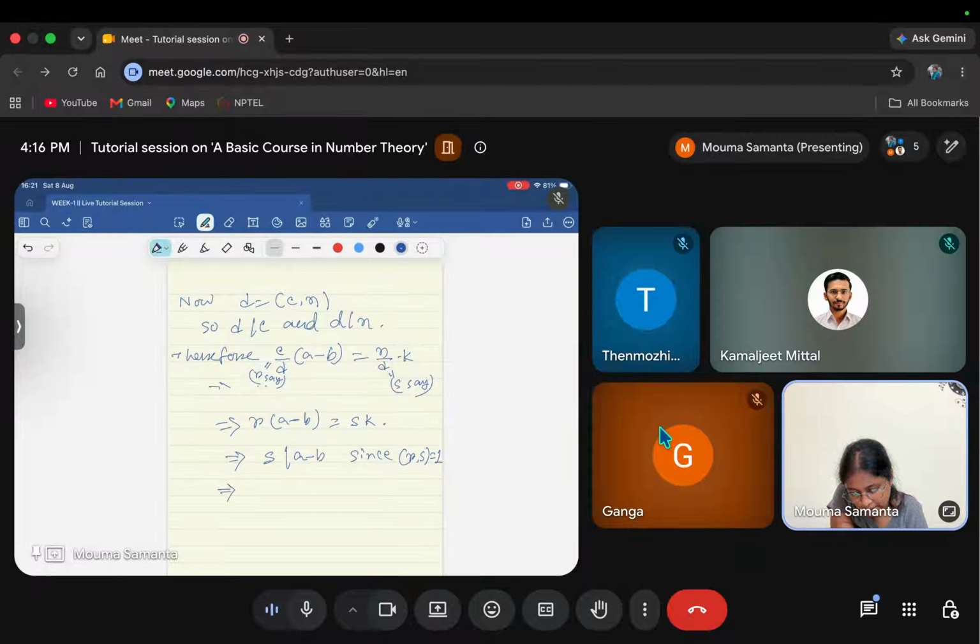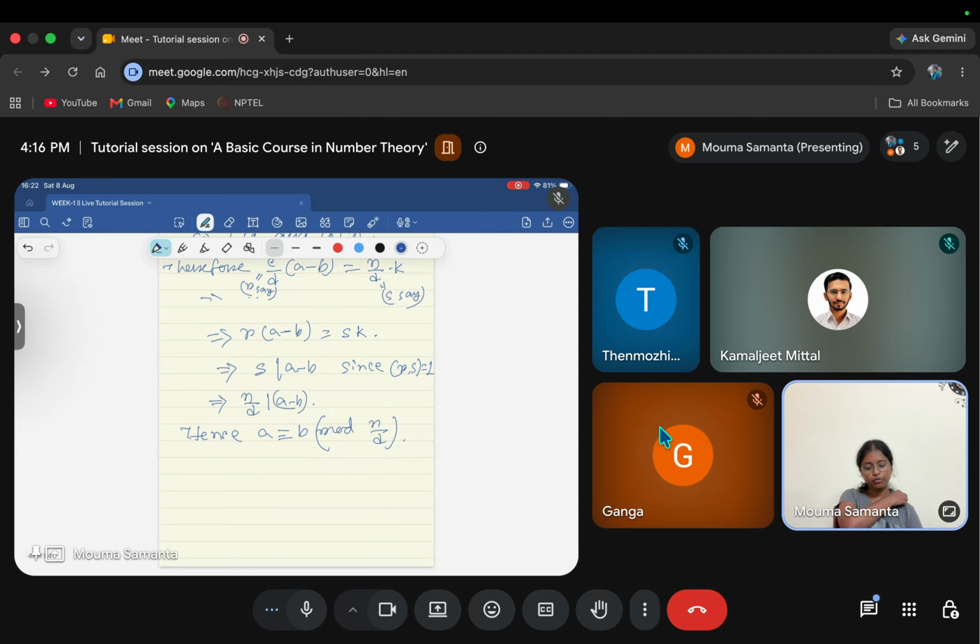So n by d divides a minus b, and hence a congruent to b mod n by d. So this is the straightforward proof, and this gives us some kind of converse of our previous result.